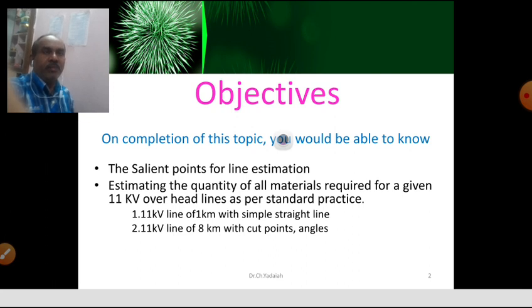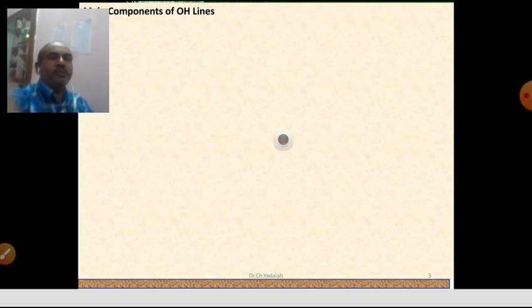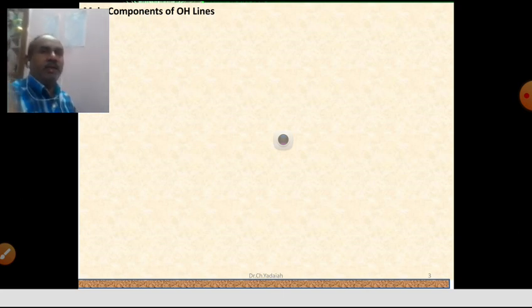At the same time, in 8 kilometers, we prefer 4 cut points. So by considering all aspects, we are going to estimate the materials required for both cases. Let us see one by one in detail. I think no need to worry. The problems are very simple and easy to understand.